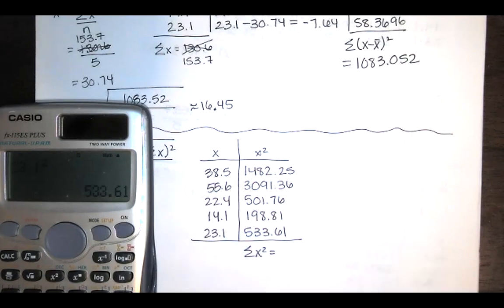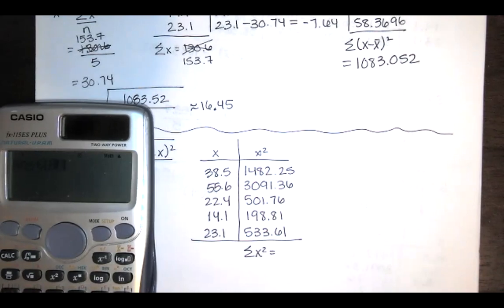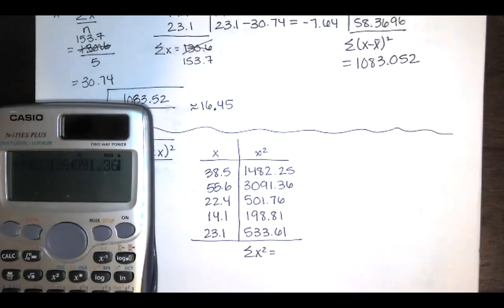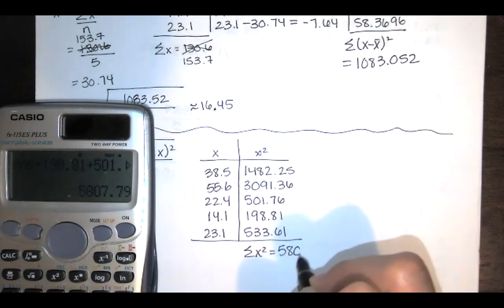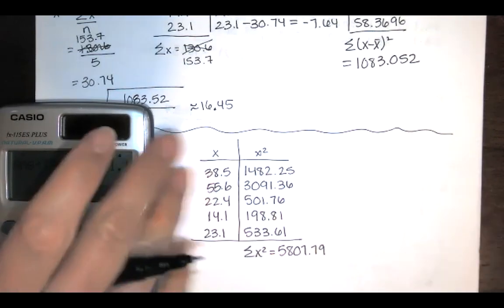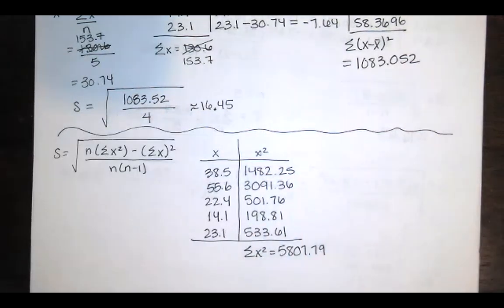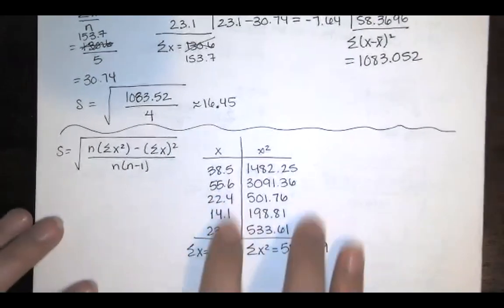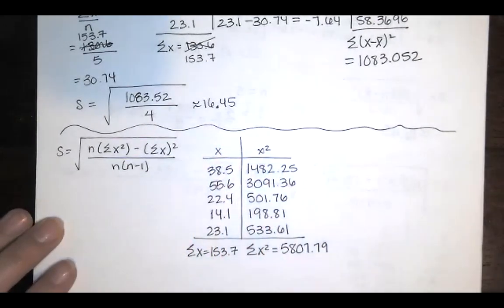So I've got that 533.61 plus 198.81 plus 501.76 plus 3091.36 plus 1482.25. There we go. So I've got 5,807.79. Okay, and then the sum of the x's, which we did earlier, was that 153.7. So that's all we had to do, is we just squared those and then we add them together.